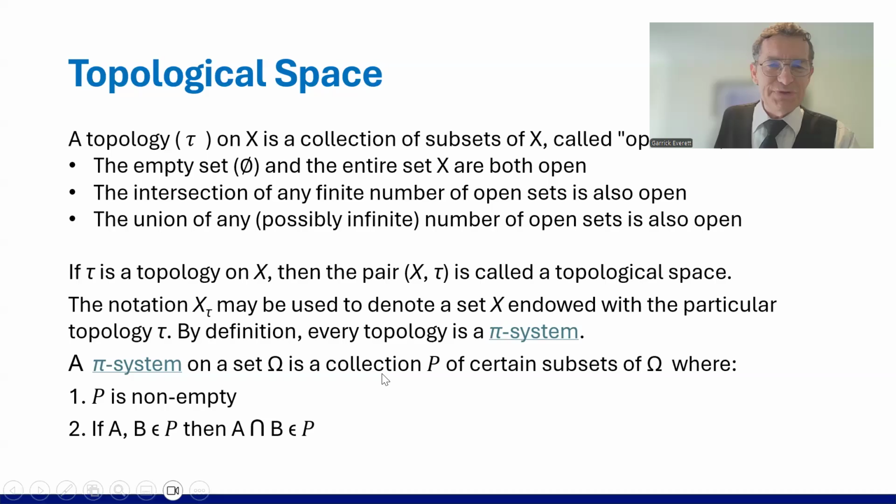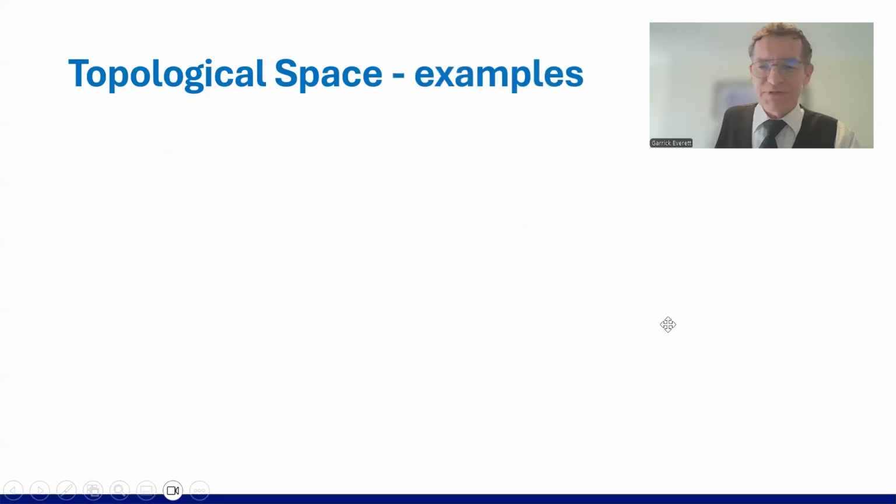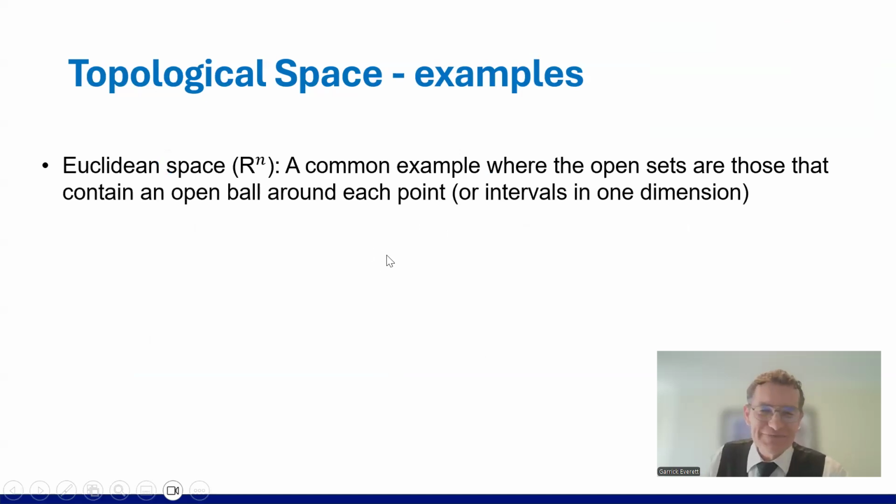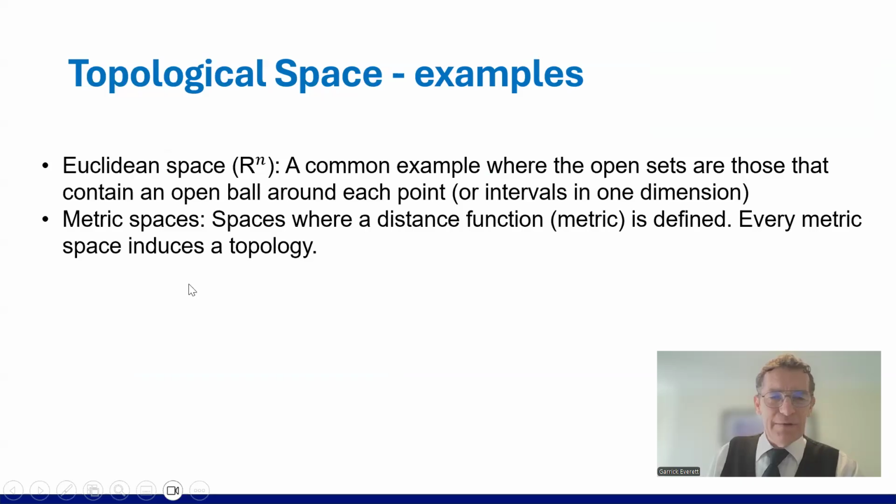Better done by examples, I think. Okay, so these examples are not mathematical examples. These are just examples of where topological space is used in real life. Euclidean space, when you're doing mathematics in R^n, uses the open ball, and we'll get to balls shortly. Metric spaces are spaces where a distance function, a metric, is defined.